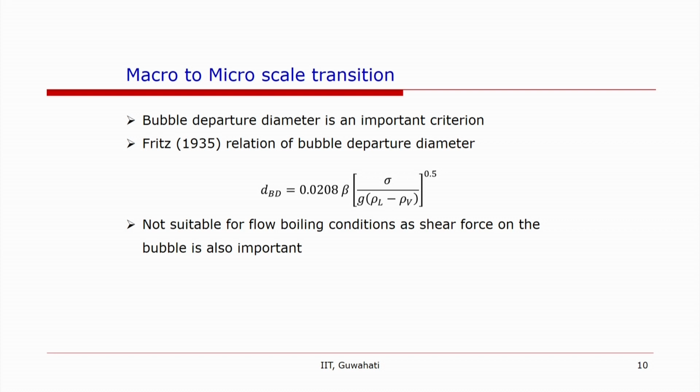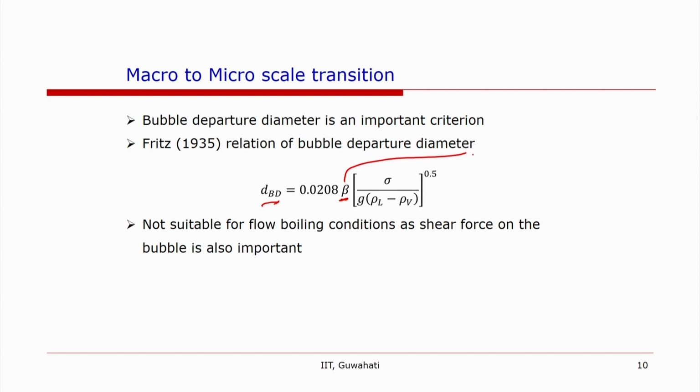So this is the correlation given by Fritz for nucleate boiling during pool boiling. He gives the bubble departure diameter as a function of the wall contact angle.